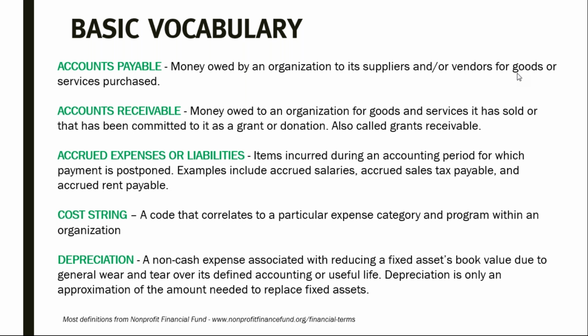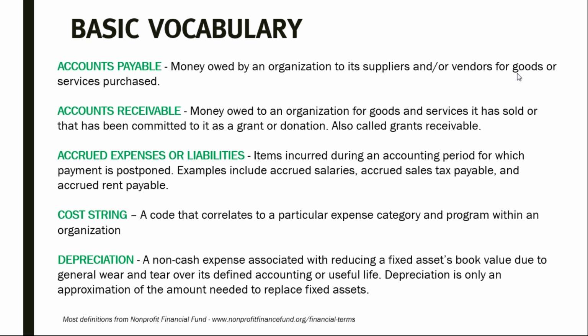Why this is important is that, let's say you have a particular type of expense, like your instrument purchase for your program. You will have a number code that correlates to that type of expense.